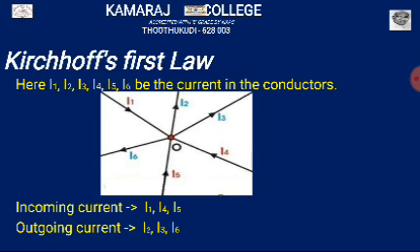Let's see this diagram. Here the junction is O. Here I1, I2, I3, I4, I5 and I6 are the currents in the conductors. Here the incoming currents are I1, I4 and I5. And the outgoing currents are I2, I3, I6.